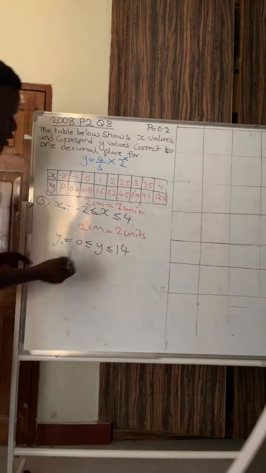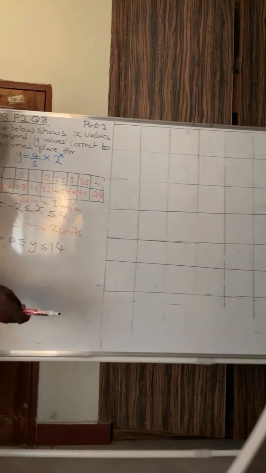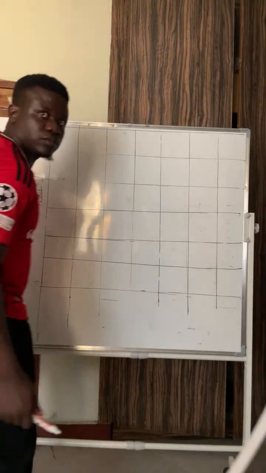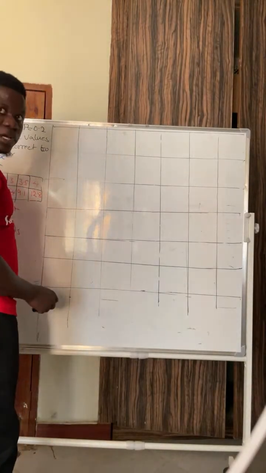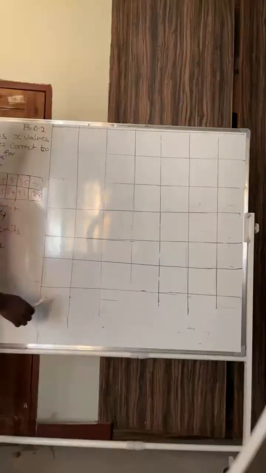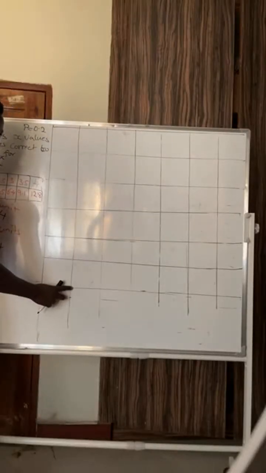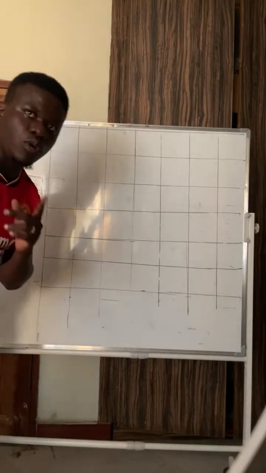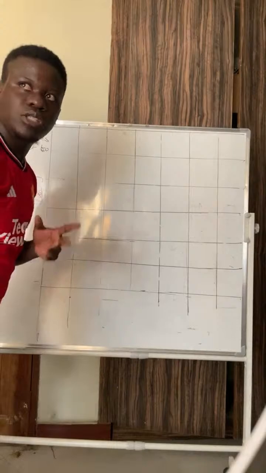Now they are saying using a scale of 2 centimeters per unit on the graph. Let's open up the graph paper. The full box represents 2 centimeters. To represent 1 unit, you count 1, 2, 3, 4.